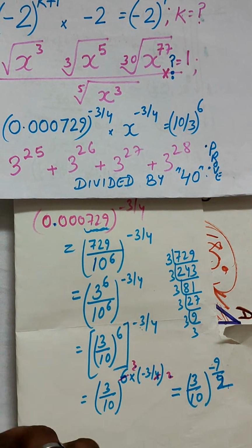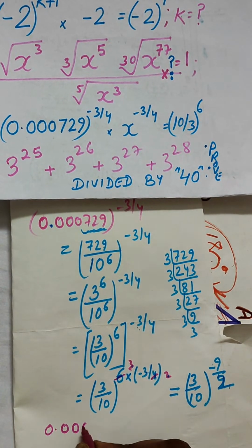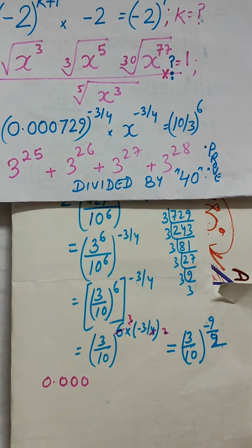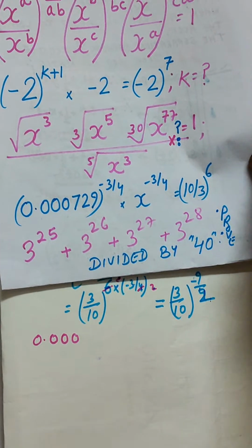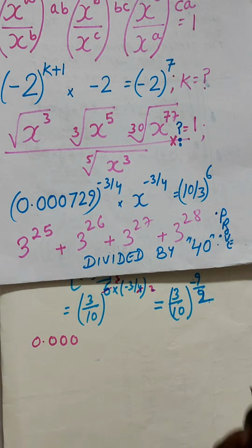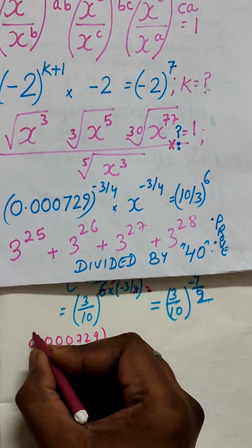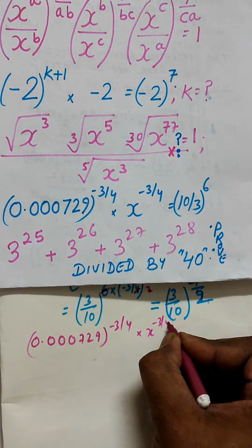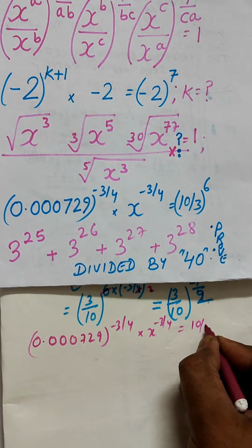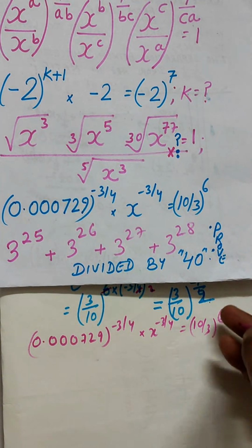So our question was that, I'm just coming to the question directly. What we have derived, we will put into this. Okay, it was 0.0000729 power minus 3 by 4 into x power minus 3 by 4 equal to 10 by 3 power 6, right?